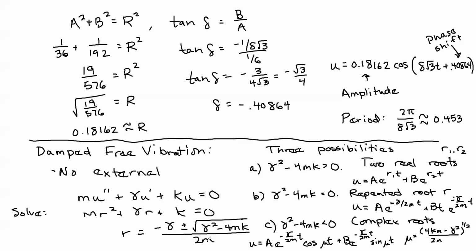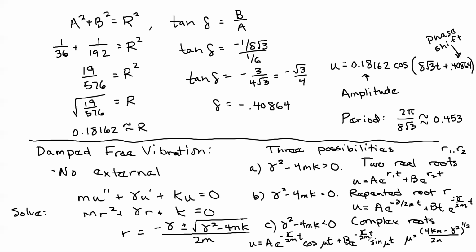If you go back and watch the video on handling complex solutions that are complex conjugates to the characteristic equation, you'll know that the real part ends up as the exponent of the e. So that's why we have negative gamma over 2m. That is coming from the real part. And then the imaginary part ends up getting multiplied by t.